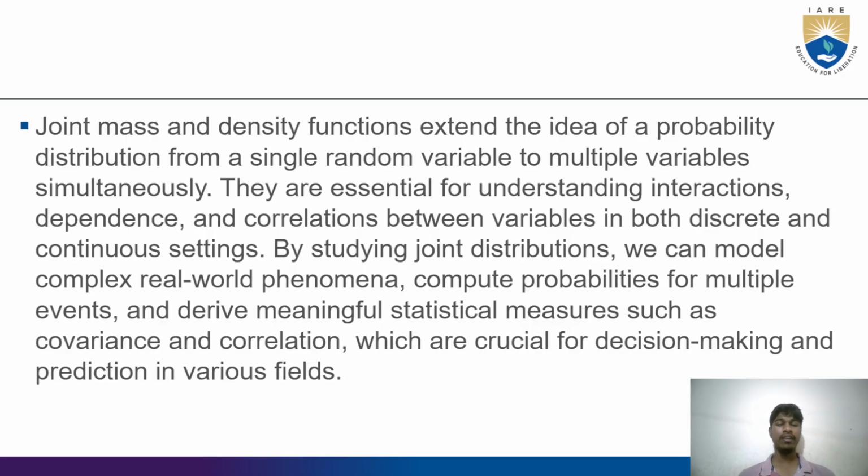By studying joint distributions, we can model complex real-world phenomena, compute probabilities for multiple events, and derive meaningful statistical measures such as covariance and correlation, which are crucial for decision making and prediction in various fields.